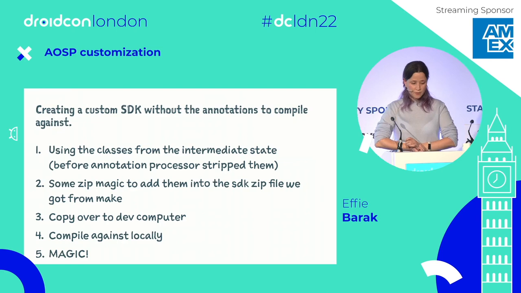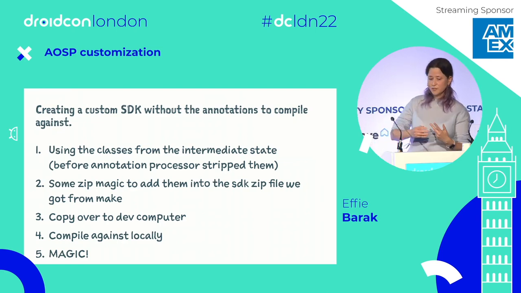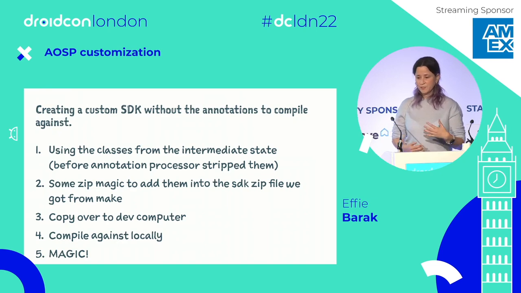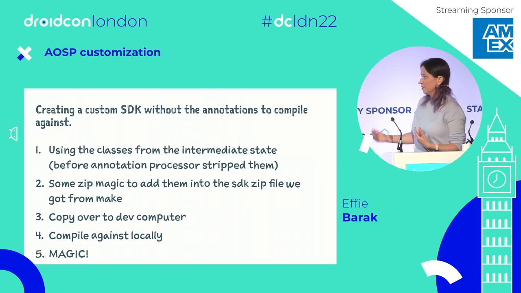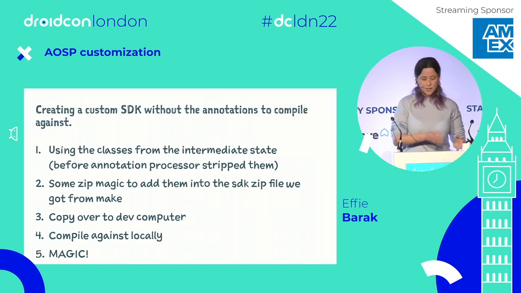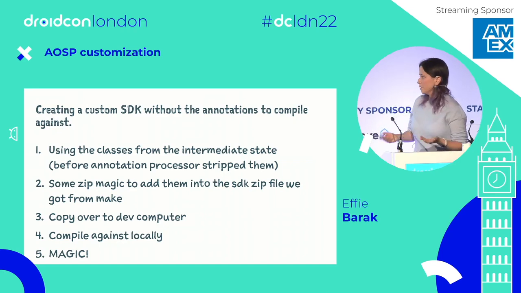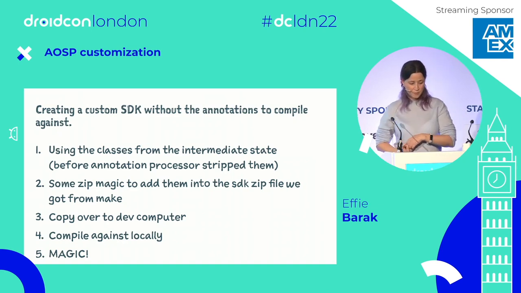And when we're doing this hack, we're just using the knowledge that the annotation processor is sort of a later pass on the classes. When building AOSP, the first step is to build the classes fully with everything included in them. The second pass, only when building a public SDK or an SDK that is later released to developers, strips all these methods or properties that have these annotations from them and takes them out of these files completely.